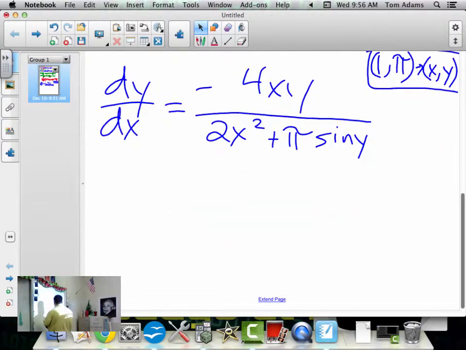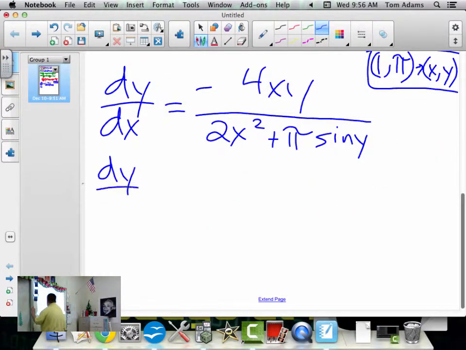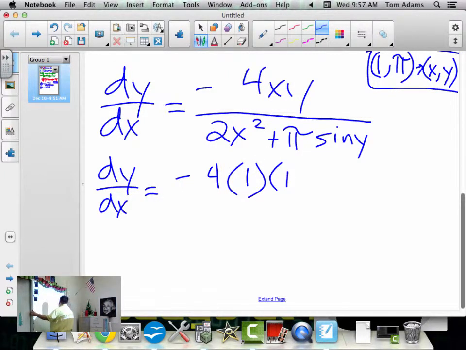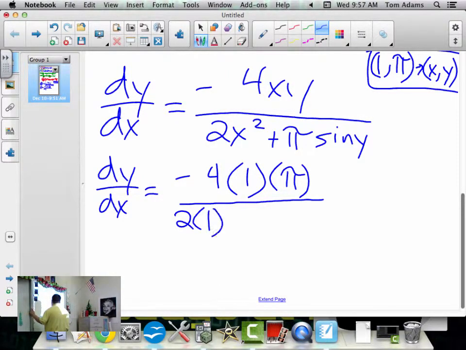So dy dx, which is the slope, is equal to minus 4 times x, which is 1, times y, which is pi, over 2 times x squared, which is 1, plus pi sine of y, which is pi.